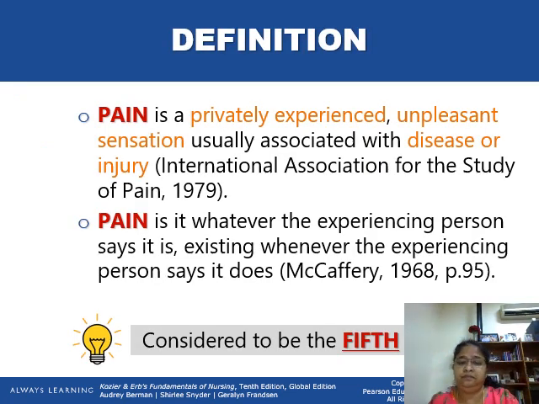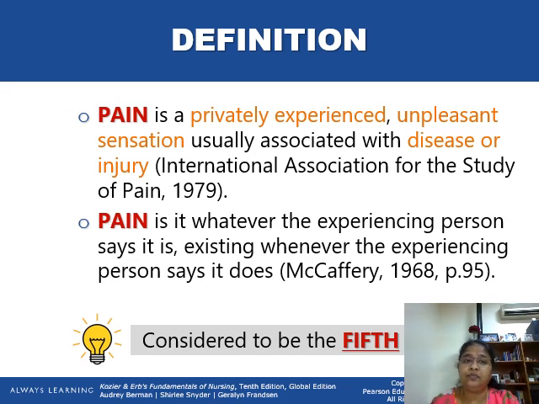There are some definitions given by the International Association for the Study of Pain. Pain is a privately experienced unpleasant sensation, usually associated with a disease or injury. So mostly whenever we have some disease or injury, we can feel pain. And pain is whatever the person experiencing it says it is.